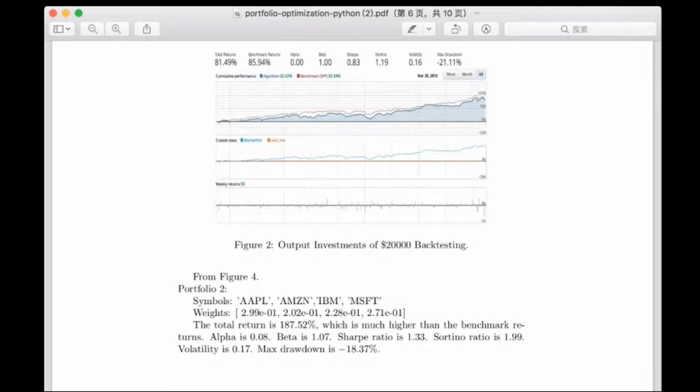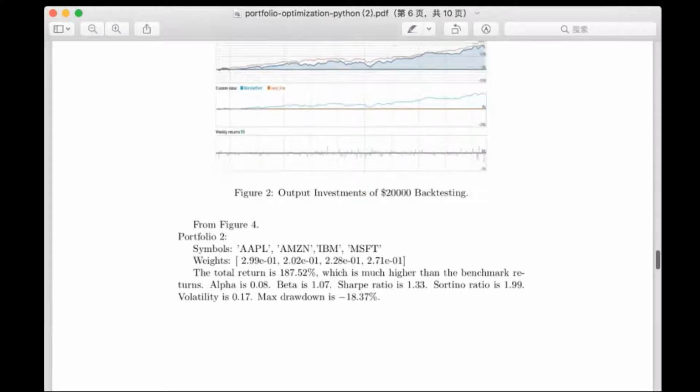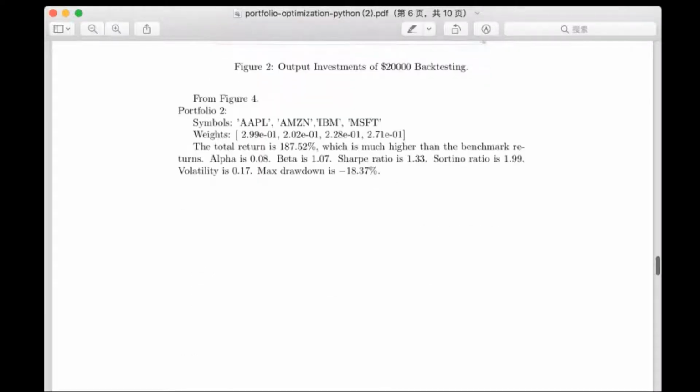Alpha is 0, beta is 1, Sharpe ratio is 0.83, Sortino ratio is 1.90, volatility is 0.16, max drawdown is minus 21.1%.